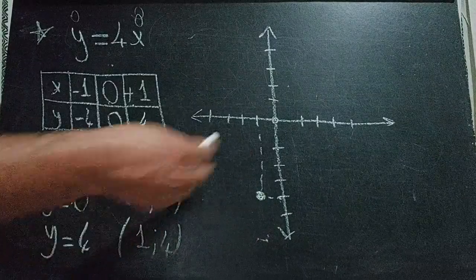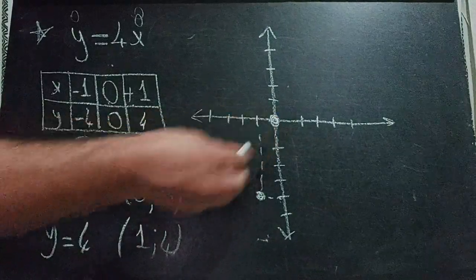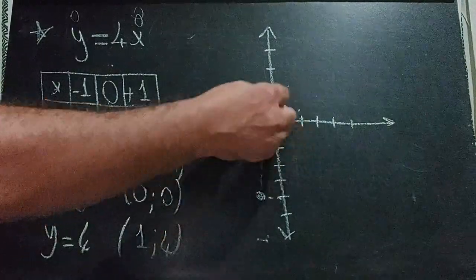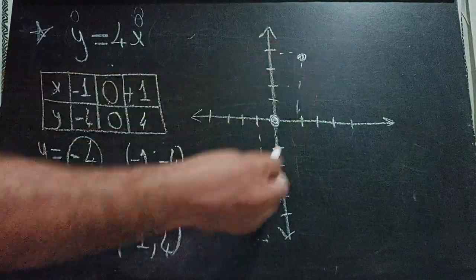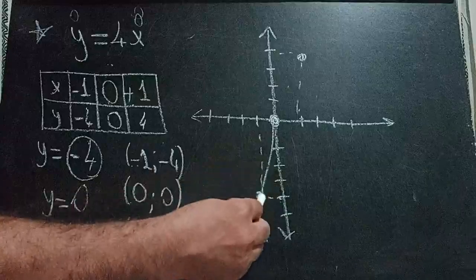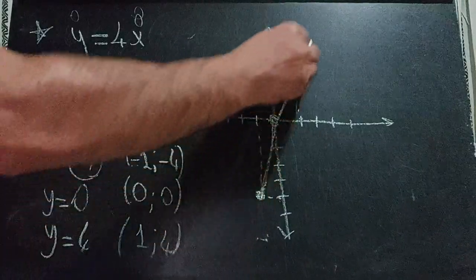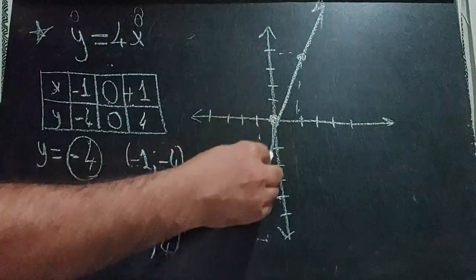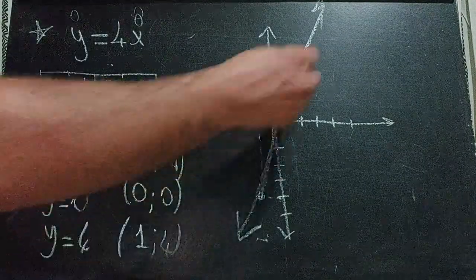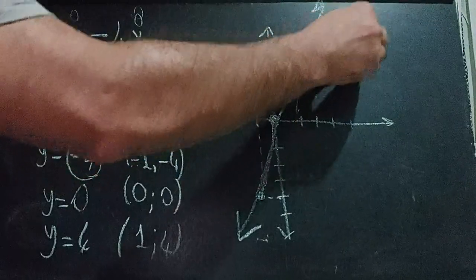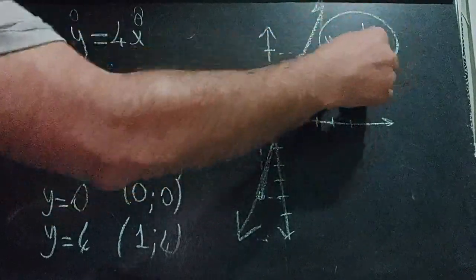So the other one, 0, 0, which is there. The other one, 1, 4, which is 1, 2, 3, 4, somewhere there. That means the graph is going to be something like this. Okay, try to draw a straight line. So that will be y equals 4x.